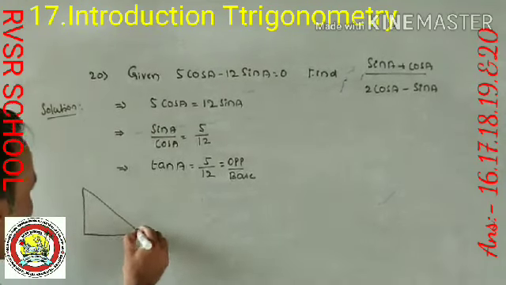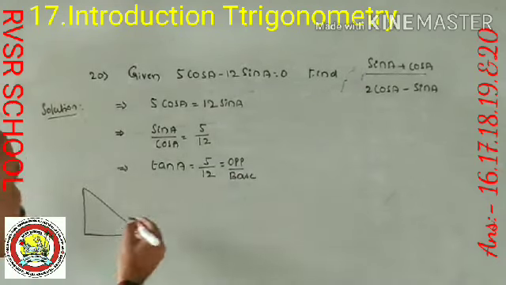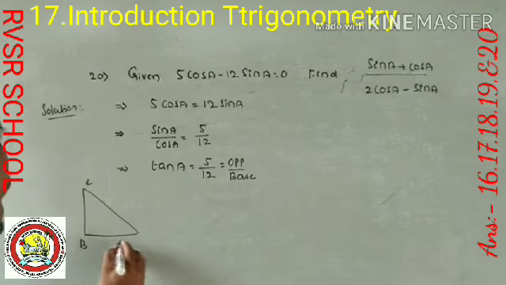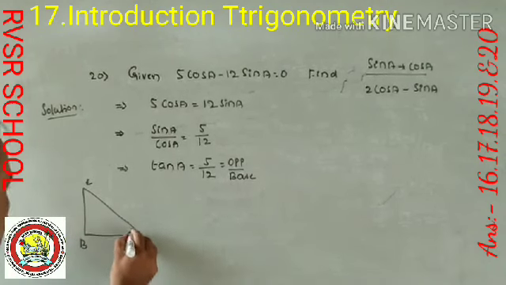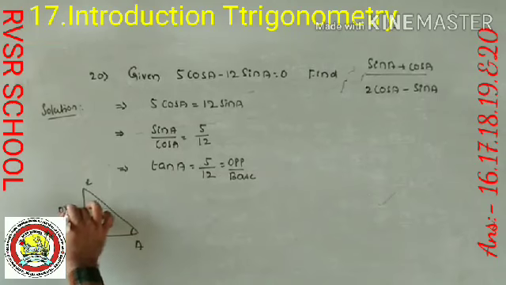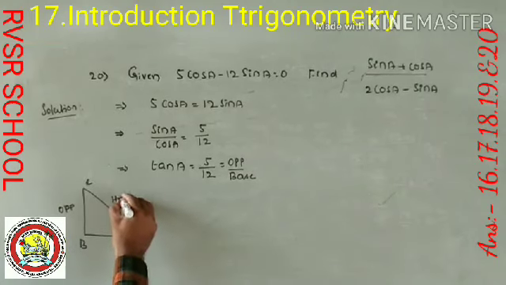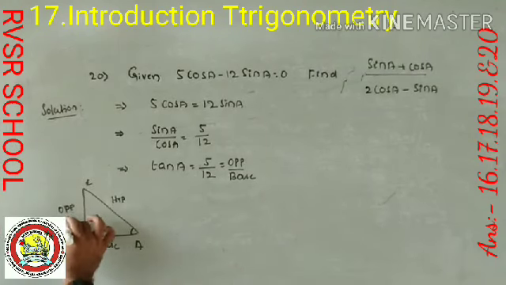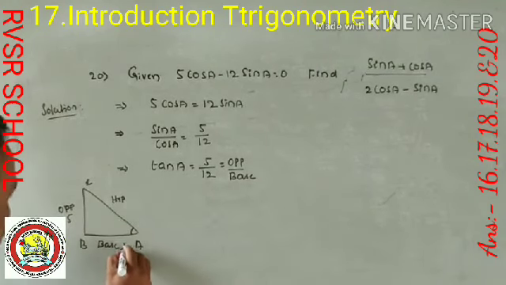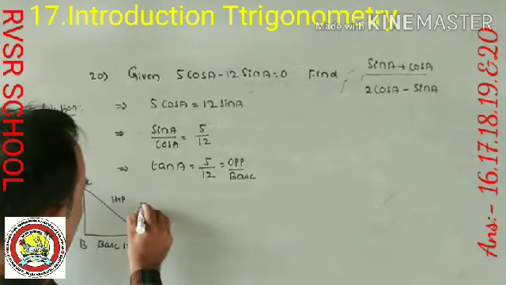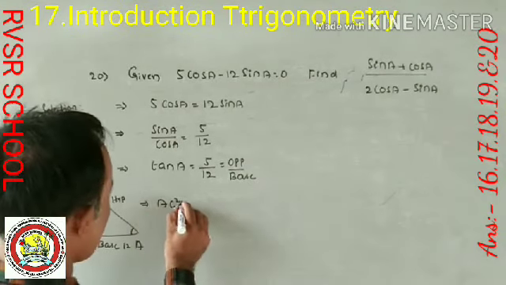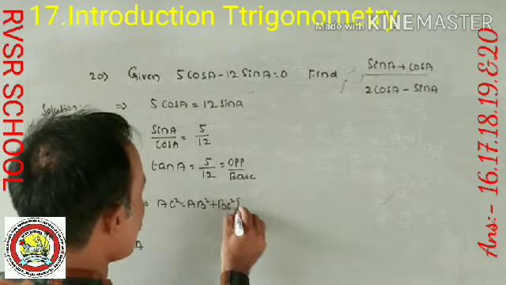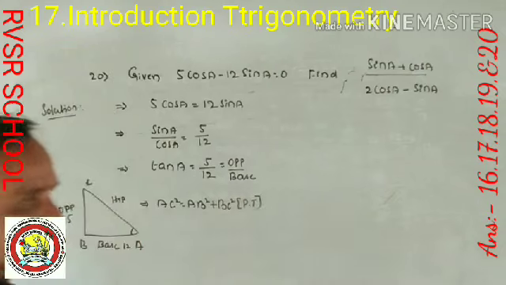In the previous question, I calculated this hypotenuse value as 13. Triangle CBA, A is acute, opposite, this is hypotenuse, base. Opposite value 5, base 12. Find the value of AC, which implies AC square is equal to AB square plus BC square, Pythagoras theorem.